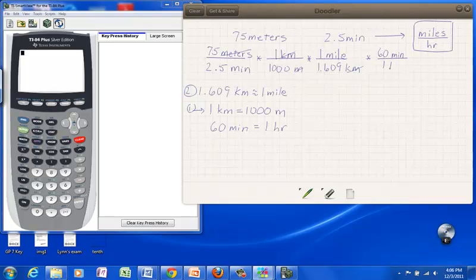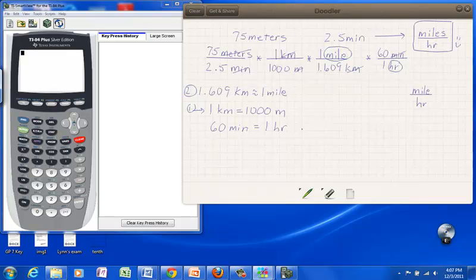And 1 hour in the denominator. Now as I go through, the units that are left are miles, and the units that are left in the denominator are hours, which is exactly what our goal was.